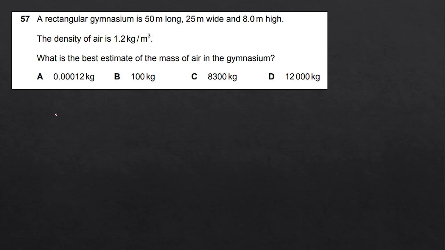So to find mass, we need density and volume. First, let's figure out the volume. Volume is given by L times B times H because it's a rectangular gymnasium. It will be 50 times 25 times 8.